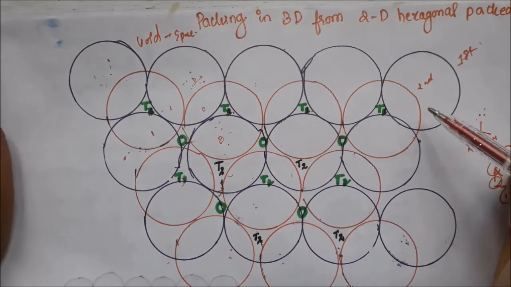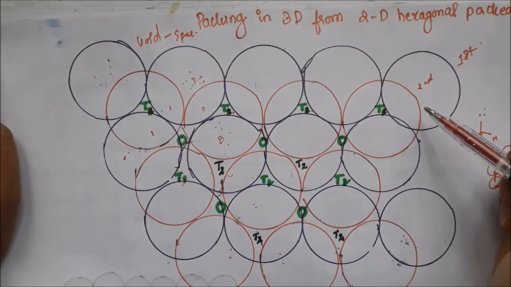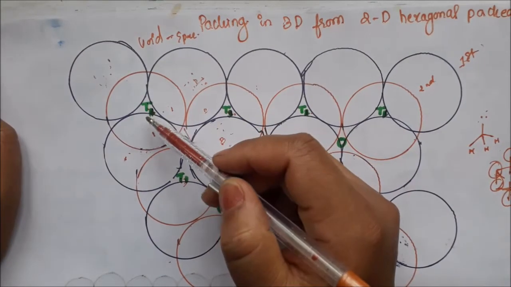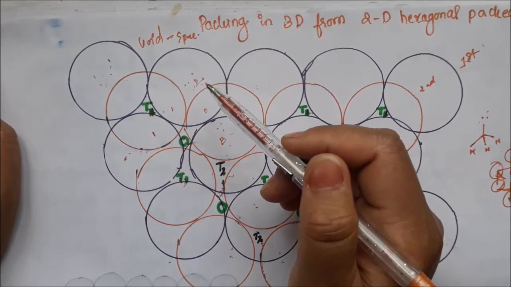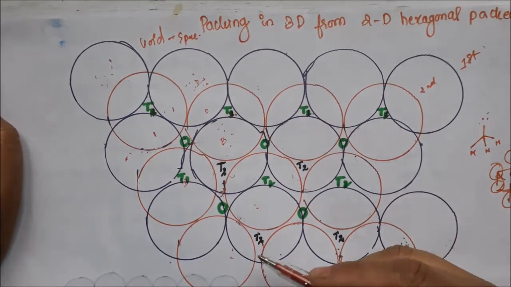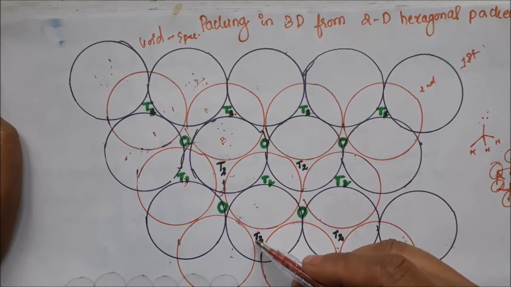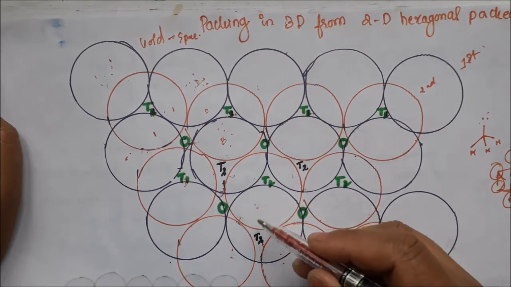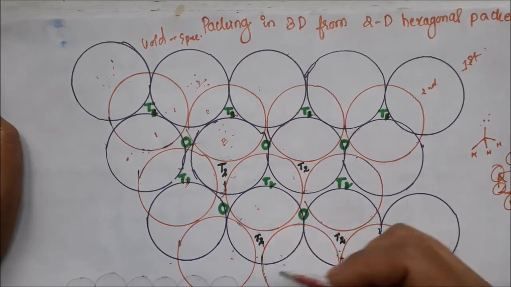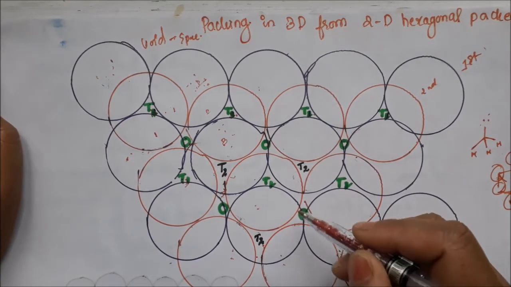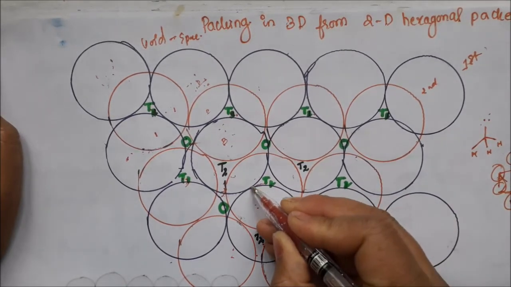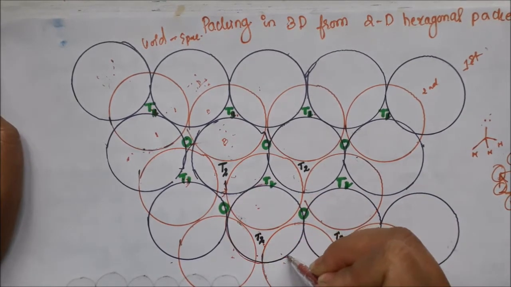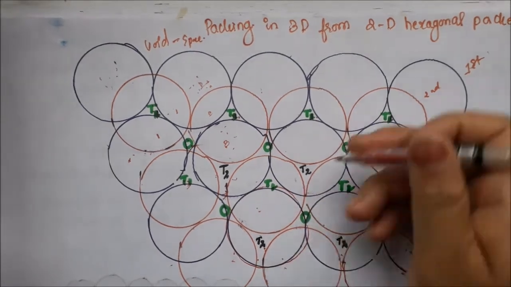In the first way, we can place the particles of the third layer covering the tetrahedral void of the second layer. Here is a tetrahedral void. If we place a particle covering this one, then we will get another type of arrangement. Suppose I cover this with an atom; then will an atom come here or not?